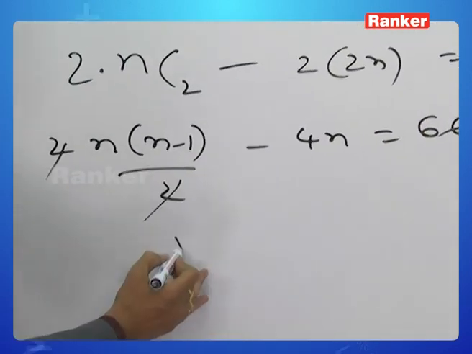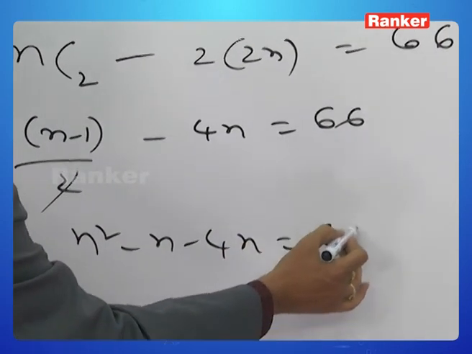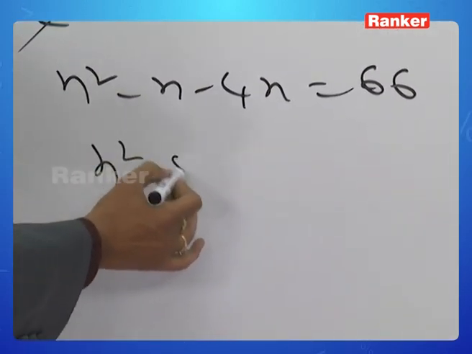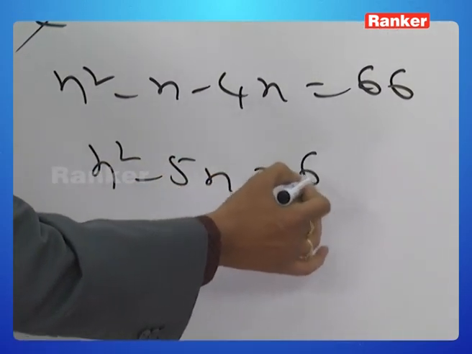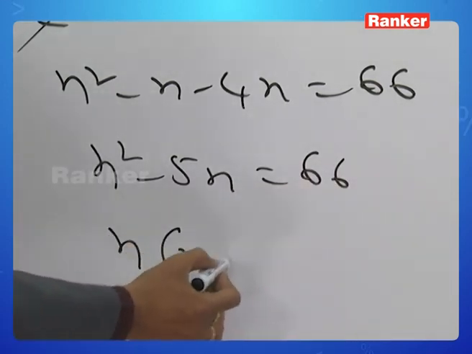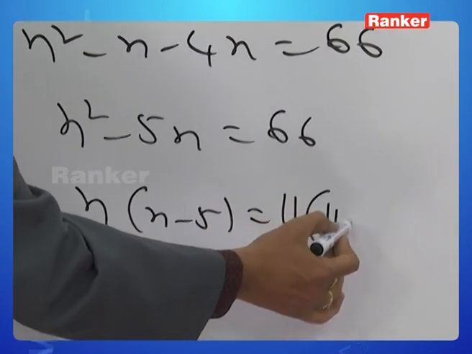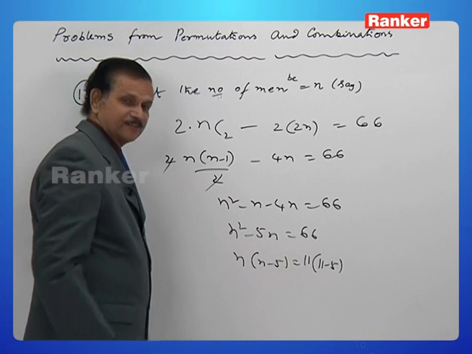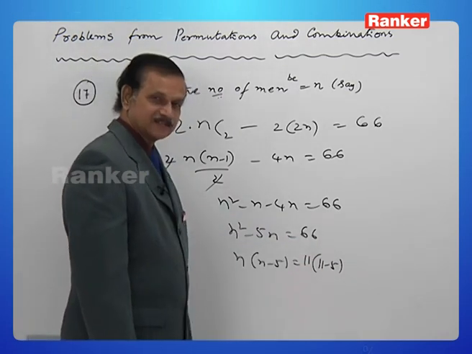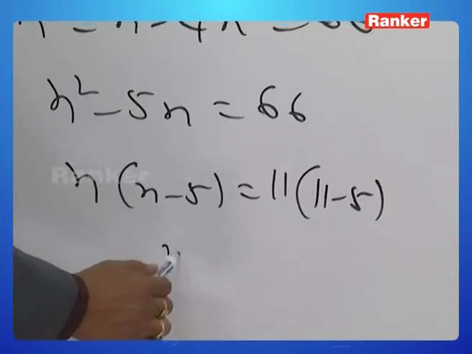Then n square minus n minus 4n is equal to 66. This is n square minus 5n is equal to 66. Therefore, n into (n minus 5) is equal to 11 into (11 minus 5). You can observe, what is 11 minus 5? 6. 11 into 6 is 66.